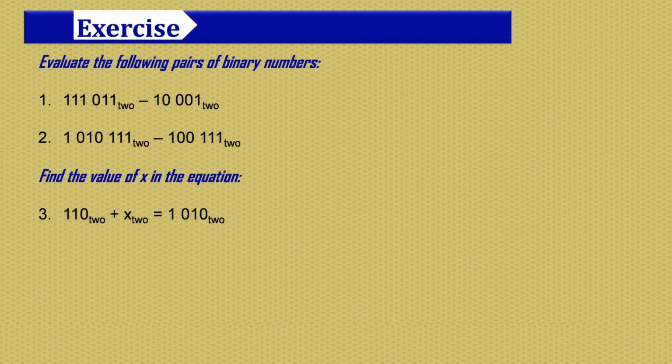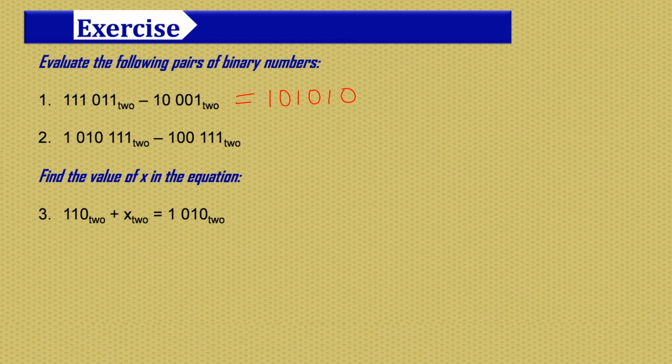At this point, do well to pause the video and try out these exercises. I'm sure you're done. The correct answer to question 1 is 1, 0, 1, 0, 1, 0.